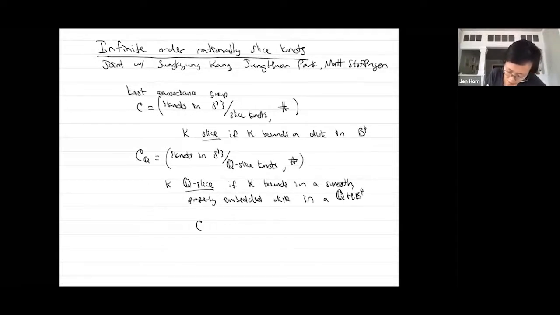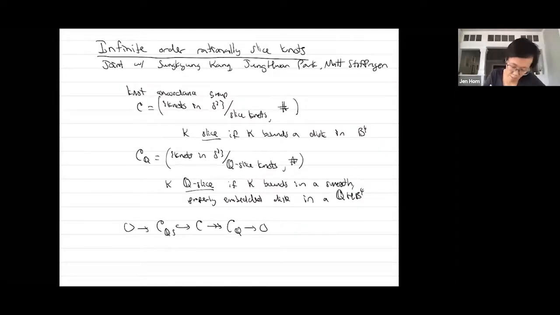All right, so there's an obvious map from C to CQ. This is a surjective map. They're generated by the same things, but you're modding out by more stuff. And so then you can look at the kernel of this map, which I'll denote C sub QS, for rationally slice.